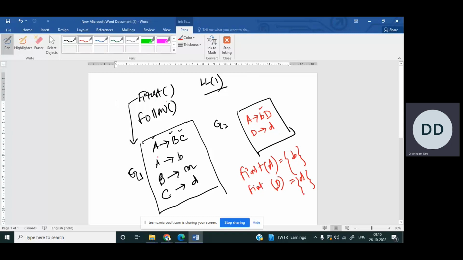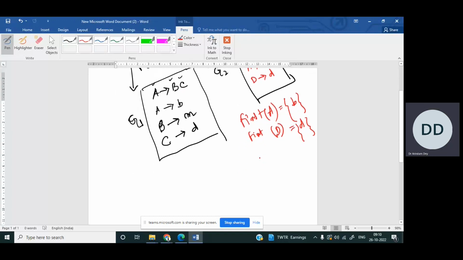Now, if I consider this expansion A to capital BC, let me take another example, then I will come to G1 again because G1 is a bit complex. Let I have another grammar G3 under which A to BC is there and capital B is generating small m. Now, what will be the first of A?